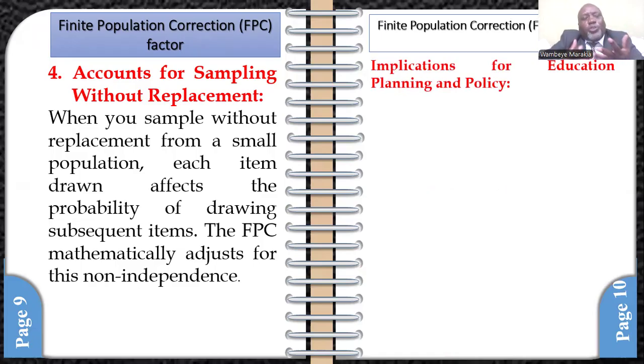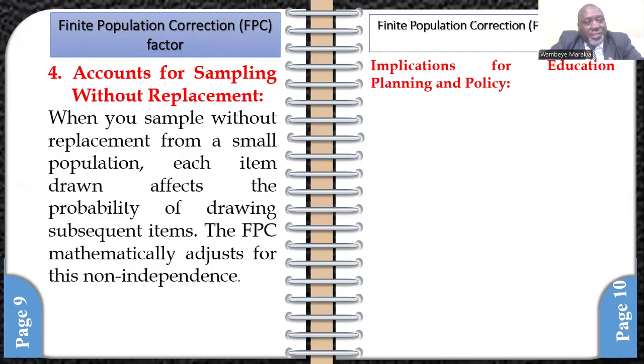I'll move on to look at the implication of the FPC, finite population correction, for education planners and education policymakers. How can they use finite population correction in their day-to-day work?